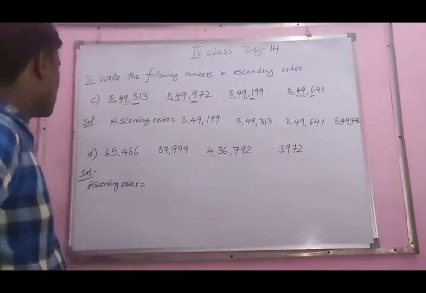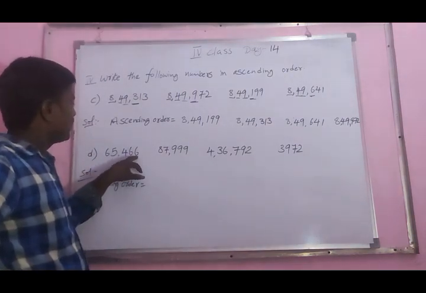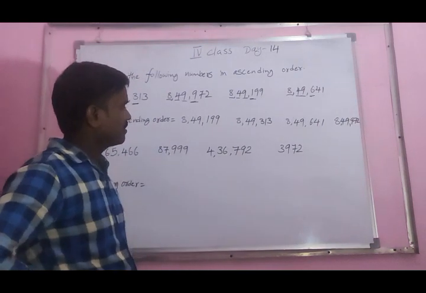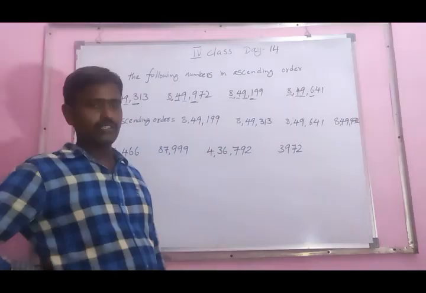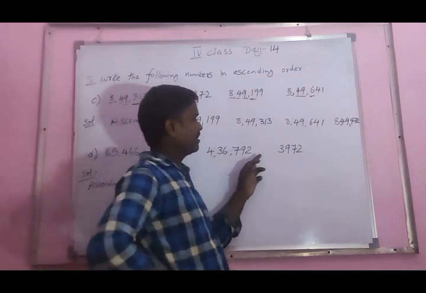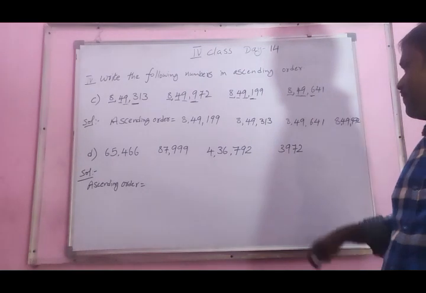Count the digits. 1, 2, 3, 4, 5. 1, 2, 3, 4, 5. 1, 2, 3, 4, 5, 6. So two are 5 digits, this is 6 digits. 1, 2, 3, 4. This is 4 digits.